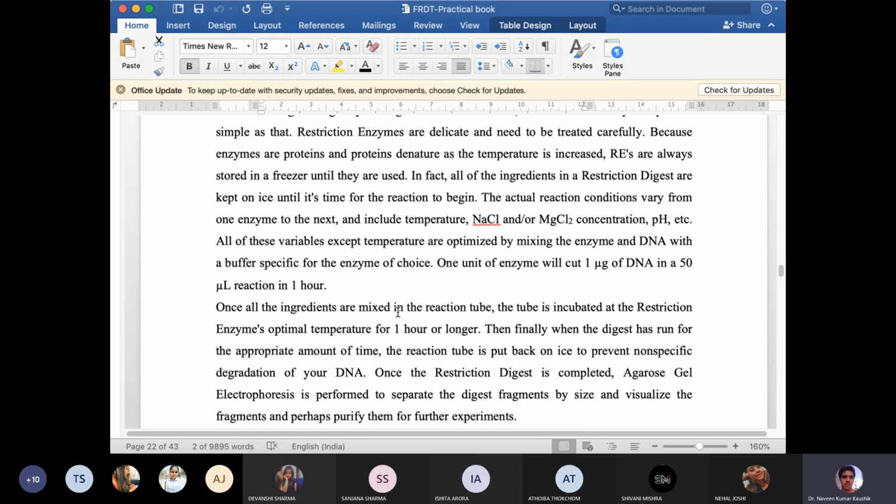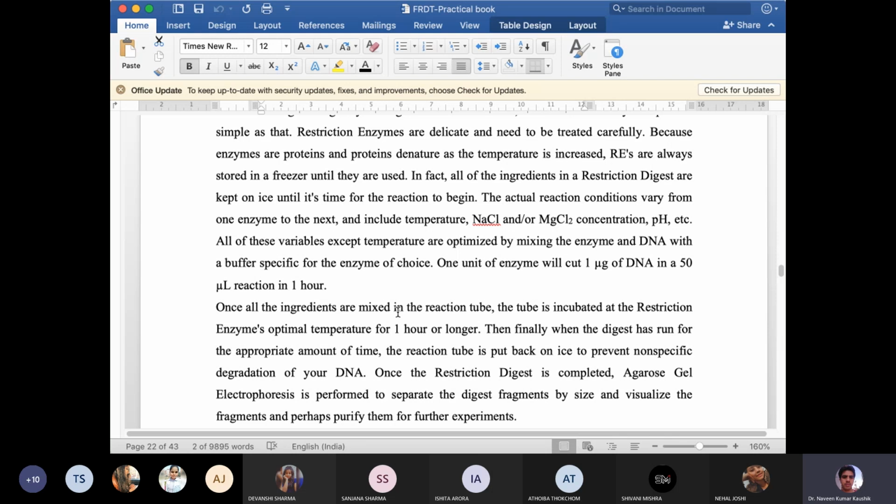One more thing about your restriction digestion is whether you want to go for a partial digestion or a complete digestion. What do we mean by partial and complete? Take an example: you have a 1000 base pair long DNA, and at every interval of 100 bases you have one restriction site.